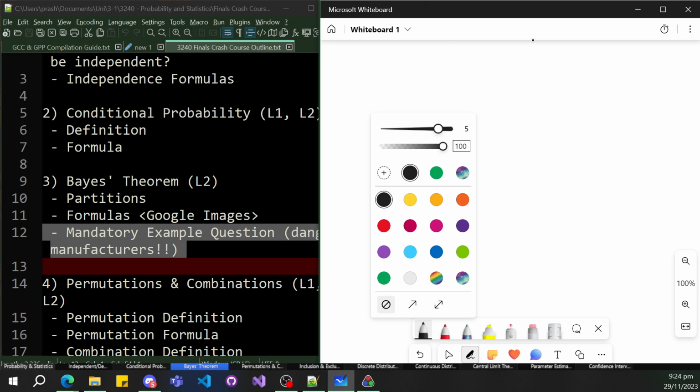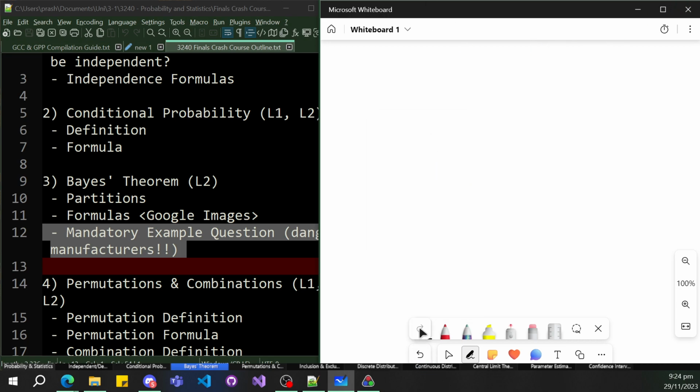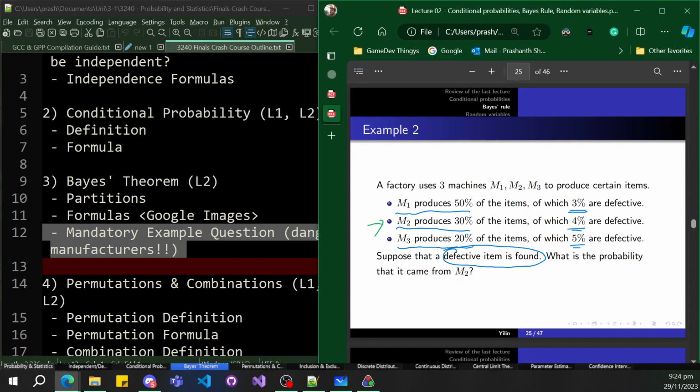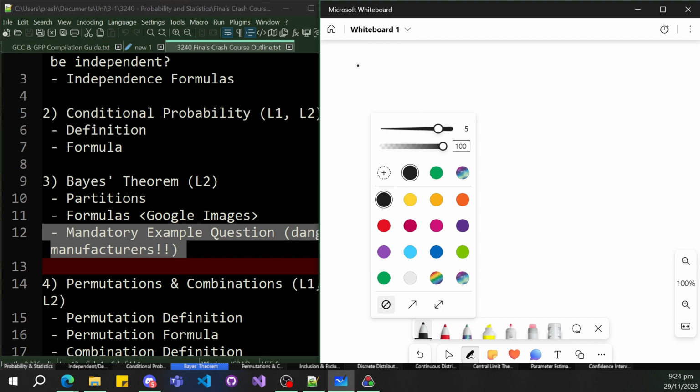Alright. So we've got a factory that uses 3 machines to produce certain items. Okay, let's write a definition first.